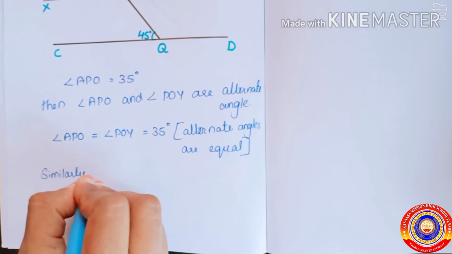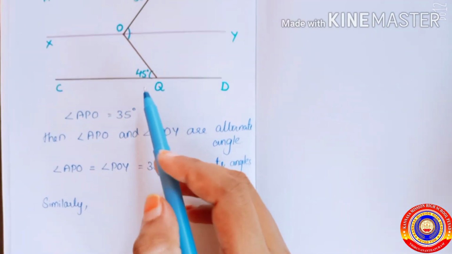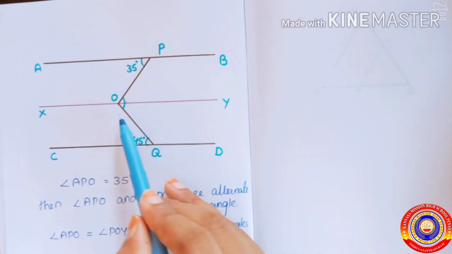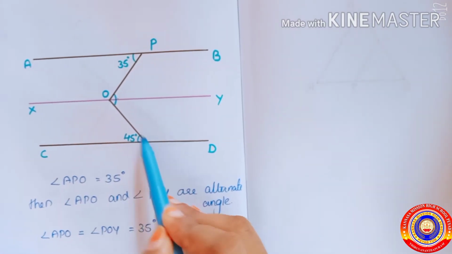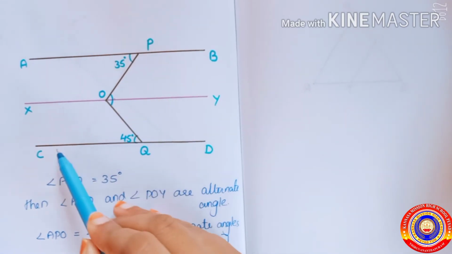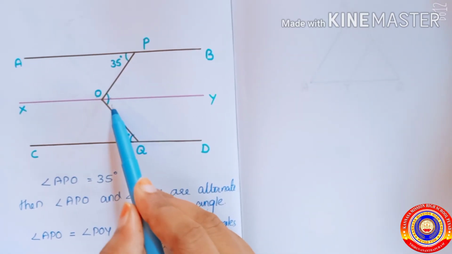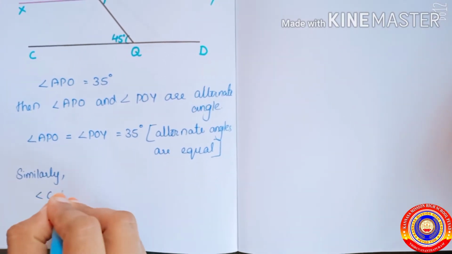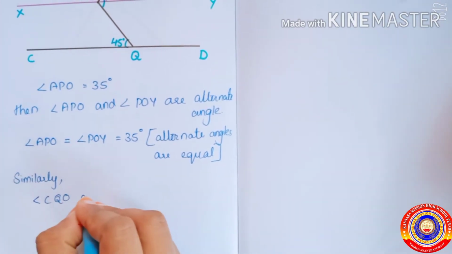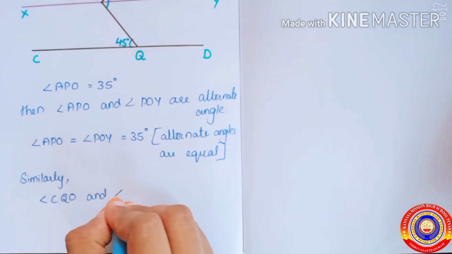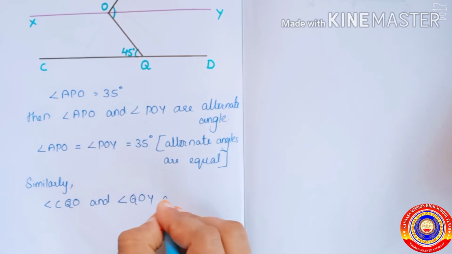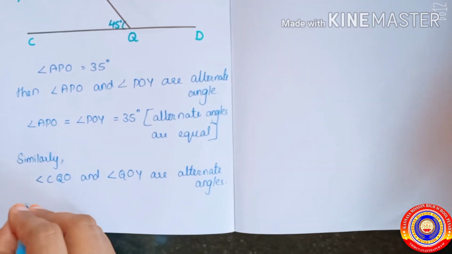Similarly, there is another pair of alternate angles in this figure, that is angle CQO and angle QOY.